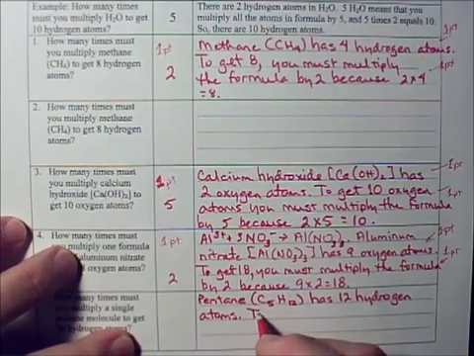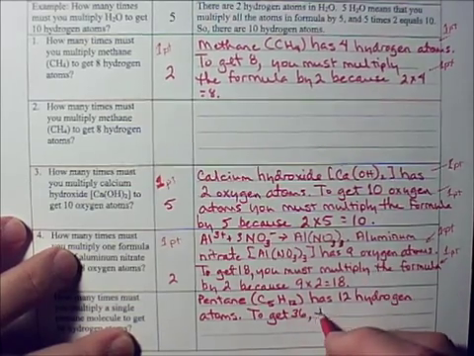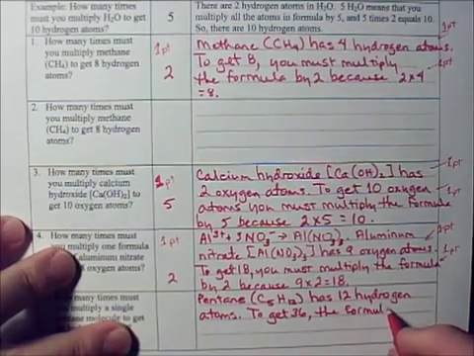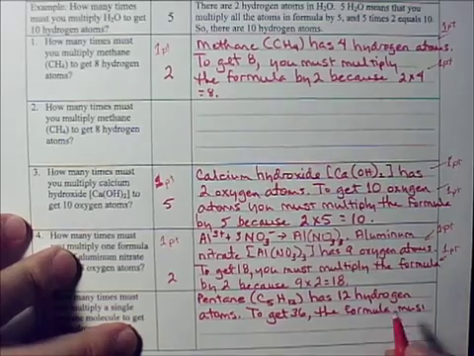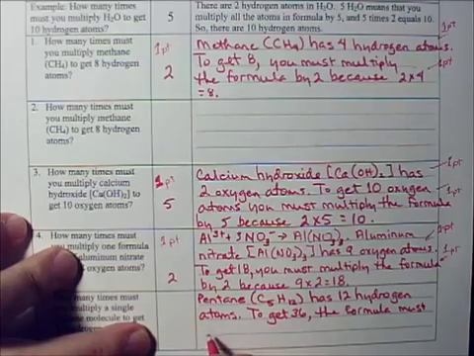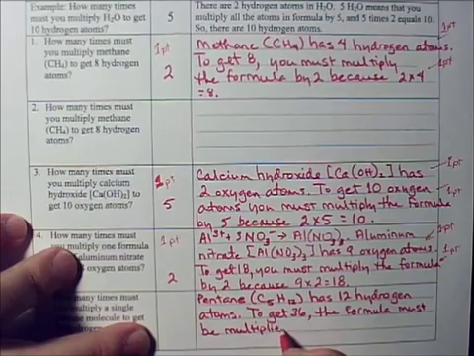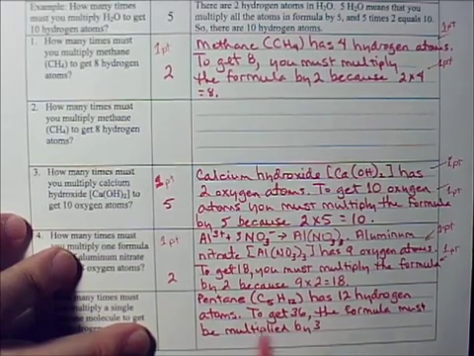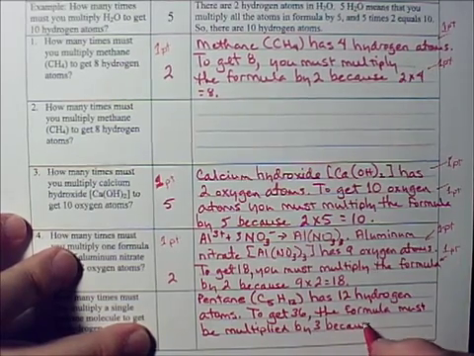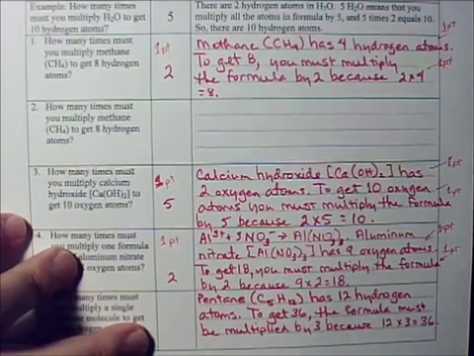To get 36, the formula must be multiplied by 3, because 12 times 3 equals 36.